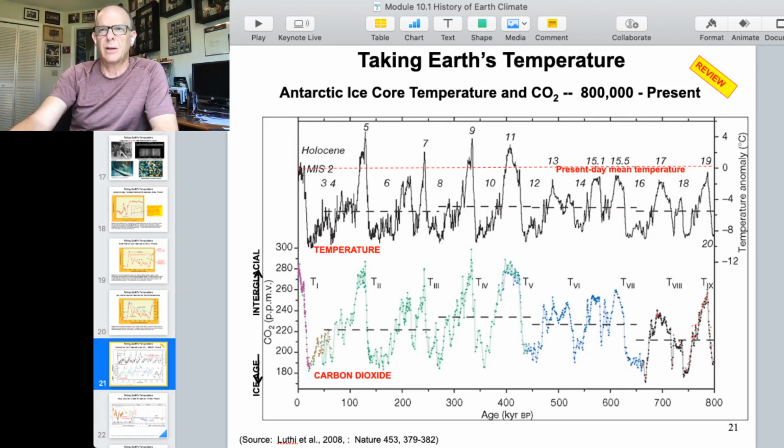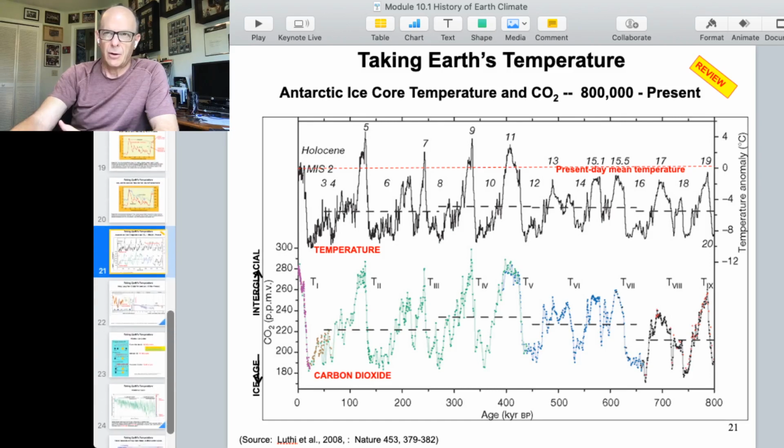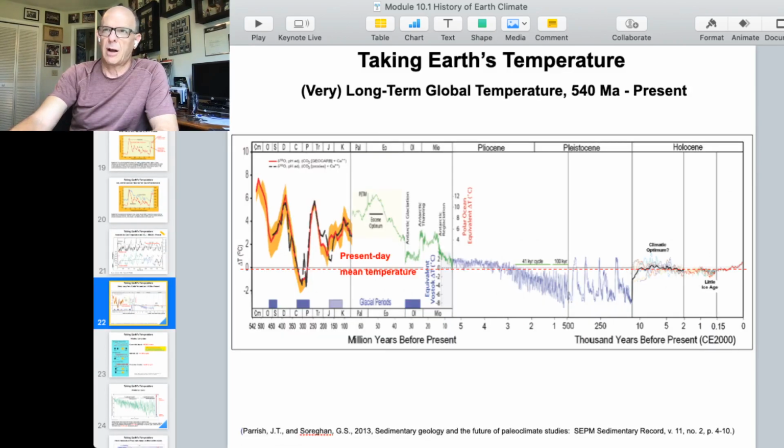But here again, the point of this slide is that the carbon dioxide abundance in the atmosphere tracks very closely with the temperature. So we have very strong evidence over hundreds of thousands of years that when CO2 is high, the temperature is high.